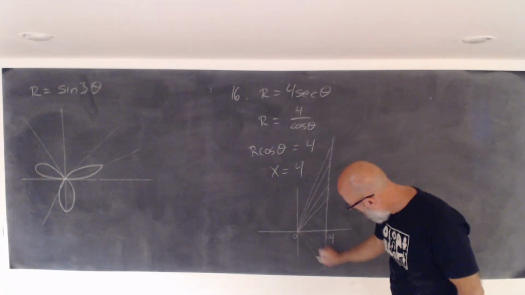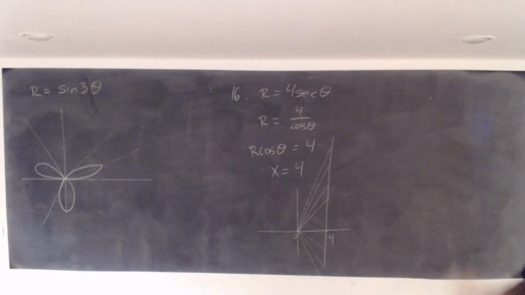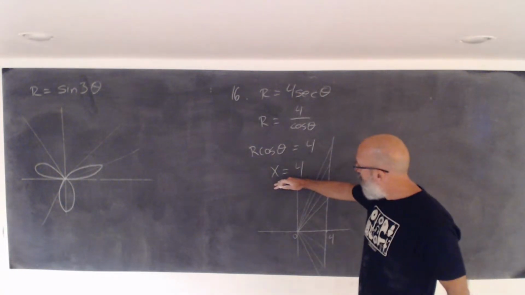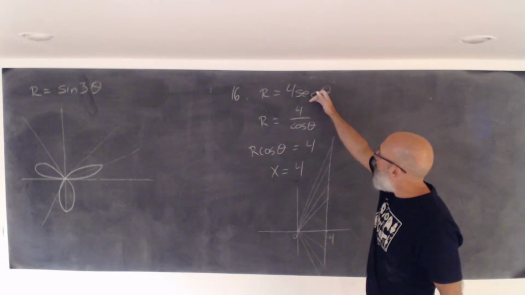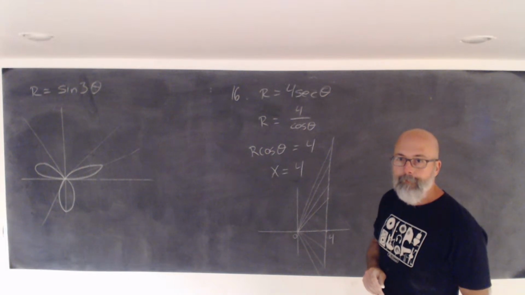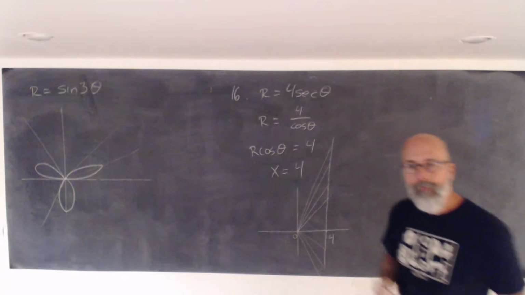Same on the other side. So here we have the opposite effect, right? Very simple in x and y, rather complicated in r and theta. So sometimes it's easier to convert to one than the other.